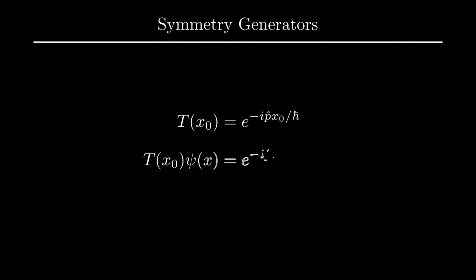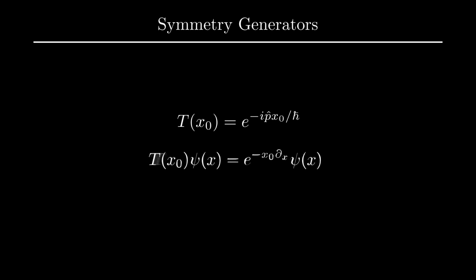As an example, consider the symmetry operation generated by the momentum operator, which is given as follows. Note that I have replaced alpha with x naught here for reasons that will soon become clear. To understand what the symmetry actually does, let's apply it to a wave function psi in the position basis.